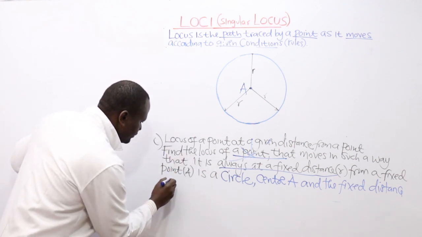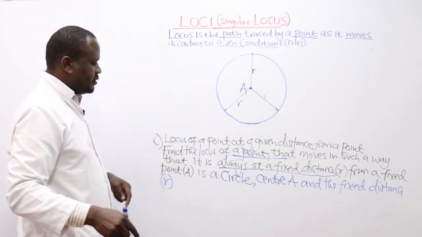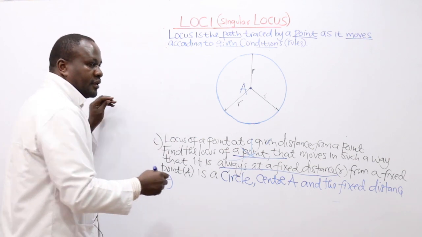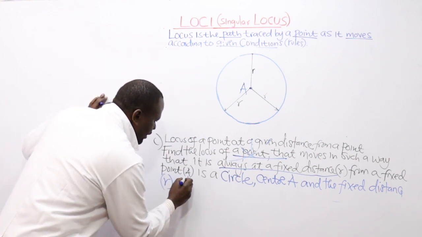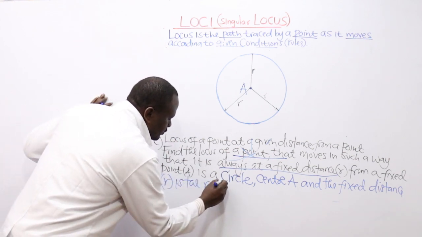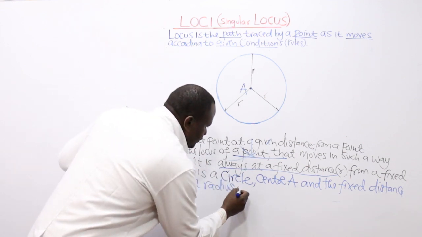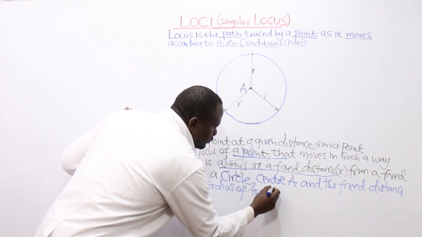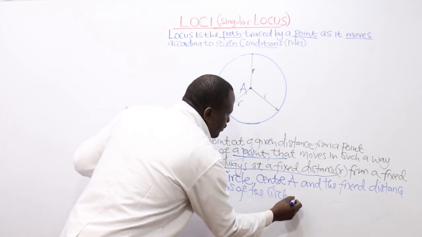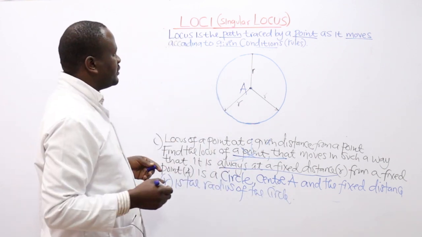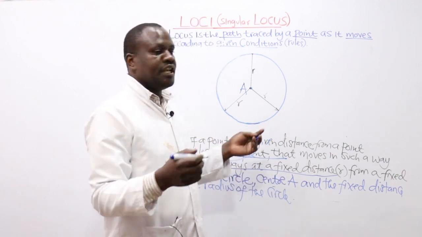R, because it's going in a circle, is the radius of the circle. The distance could be any.